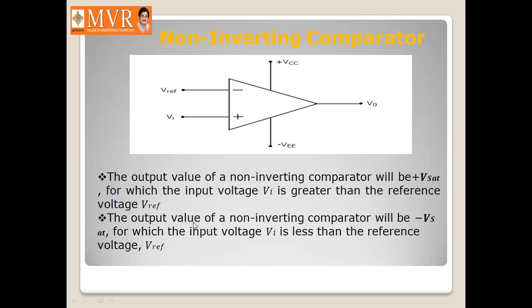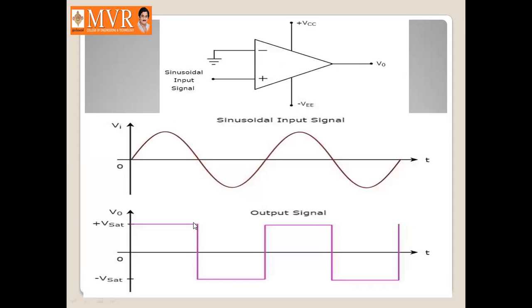So if you are giving the input signal to one of the input terminals of the op amp, the other input must be a reference voltage. For the non-inverting comparator, we give the input signal to the non-inverting terminal and ground the inverting input. So the reference voltage is nothing but ground potential, that is 0 volts.